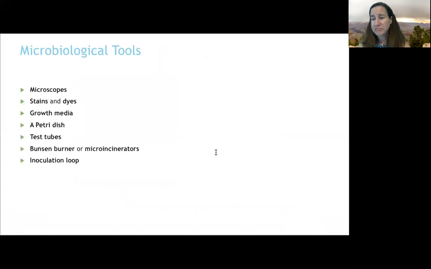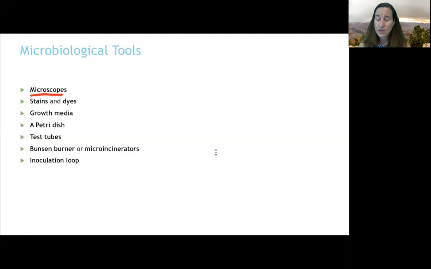Tools. It makes me sad that we don't have a face-to-face lab for y'all right now. If we were face-to-face, we'd be able to go through all of these. Right now, at the time that I'm making this video, we are fully online. But obviously, microscopes are needed for microbiology lab. We are going to talk about stains and dyes, and you'll be able to see pictures of them, and we will definitely use all of these virtually in Labster, because you'll be able to run the experiments in Labster.